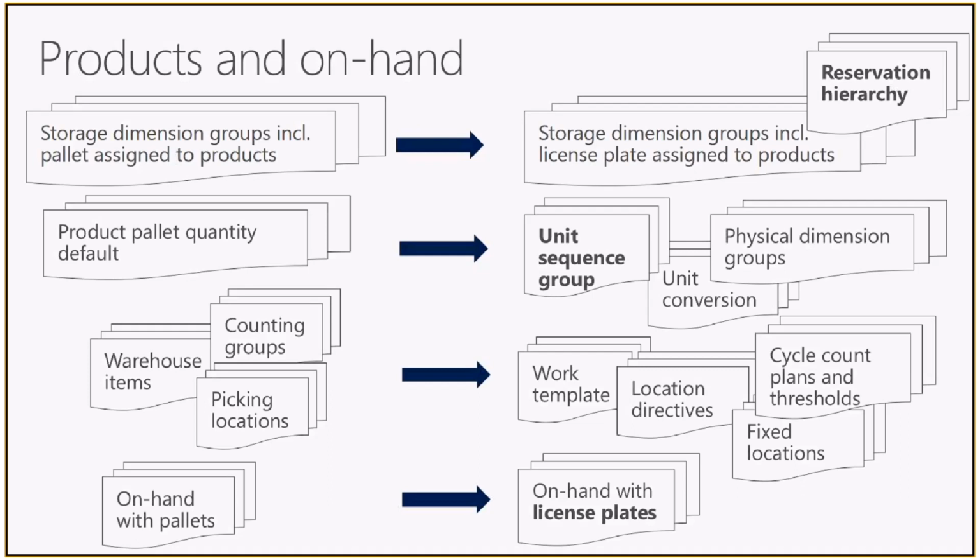You can still associate a warehouse item defined on your products, but there's a lot more flexibility in the new warehouse module, where you can define cycle count plans and schedule them with a very flexible query functionality. You can define policies regarding thresholds.